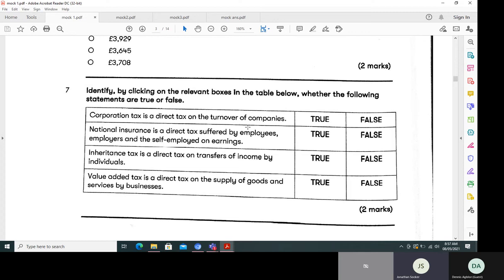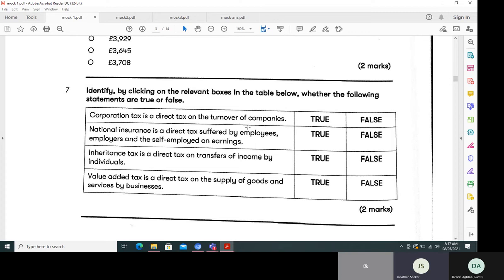The difference between turnover and the TTP: turnover is like the sales, the sales you make. From the sales, less expenses and so on, we get adjusted trading profit. Then we may add other non-trade income like chargeable gains, interest receivable, property income.